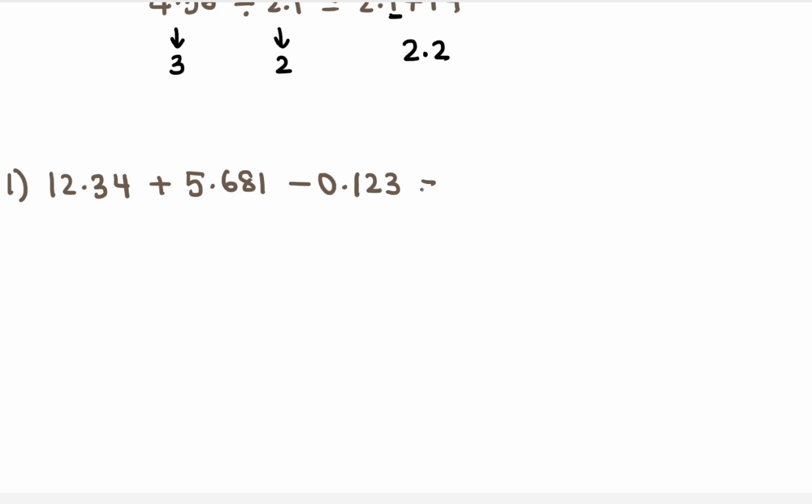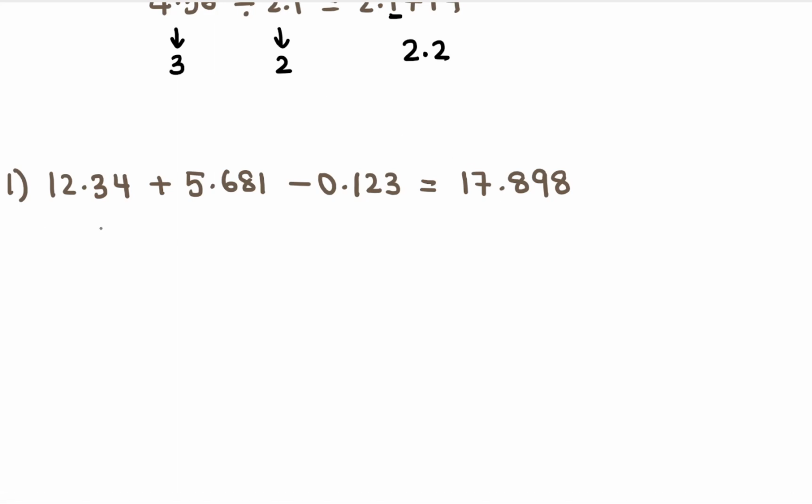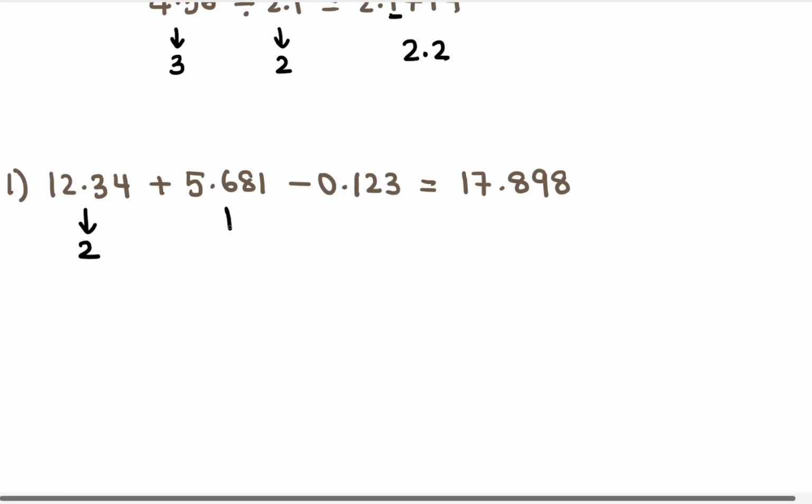That would give us 17.898. And now since we are adding and subtracting, we round the result to the least number of decimal places. So here we have 2 decimal places. Here we have 3 and 3. So the least is 2. And so we round it here, and that would give us 17.90.